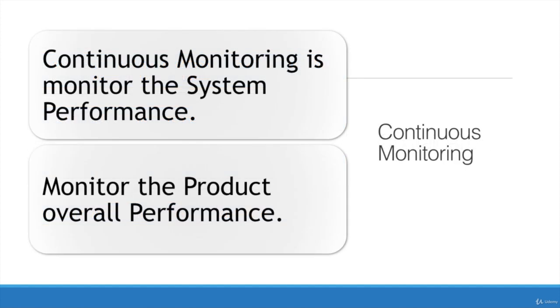Now we will discuss continuous monitoring. Continuous monitoring is the monitoring of system performance. It is all about monitoring your server and your application from the performance point of view. Suppose your application is deployed on a machine with a configuration like 32 GB RAM, 8-core CPU, and 500 GB hard disk.